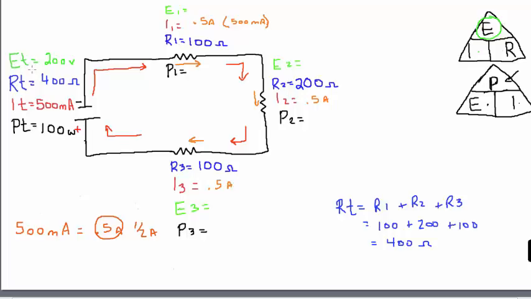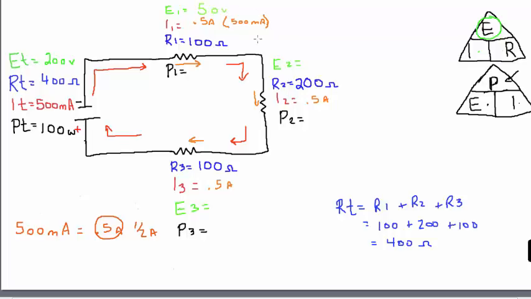So now we can get on with some of our other calculations here. Let's take a look at our voltage at 1. Our voltage at 1 is equal to my amperage at 1 times my resistance at 1. So my amperage at 1 is 0.5, so my voltage at 1 is equal to 0.5 times 100 ohms, which is half of 100, which is 50 volts.